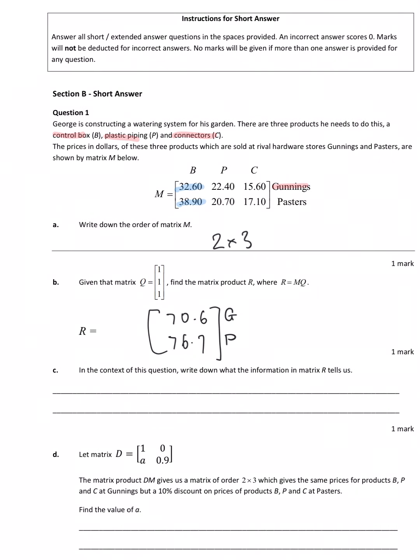Okay, so if we times it by matrix Q there, those numbers essentially are just adding up the rows of each matrix. So what that tells us is the total cost for the control box, plastic piping, connector, at each hardware store. Okay, so I'll write that.